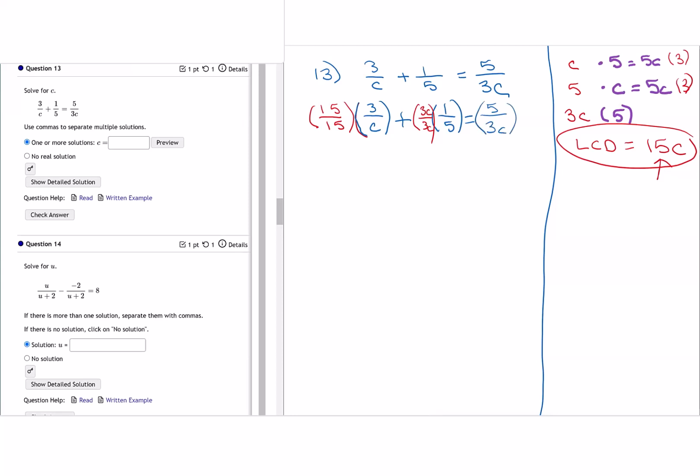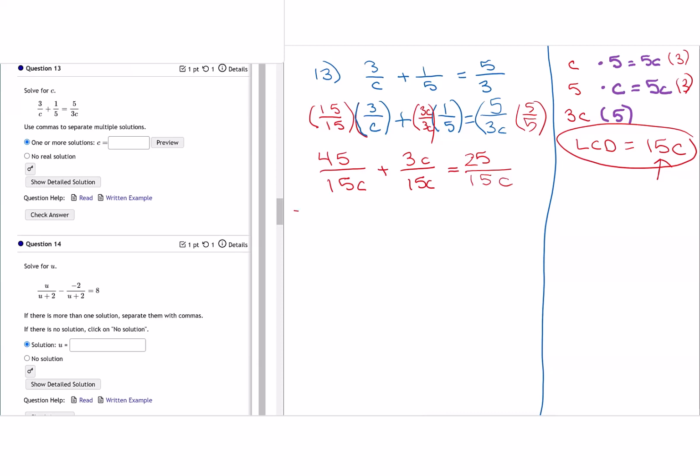And this I have to multiply by 5 over 5. I get 45 over 15c plus 3c over 15c equals 25 divided by 15c.